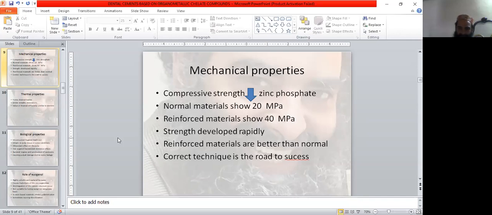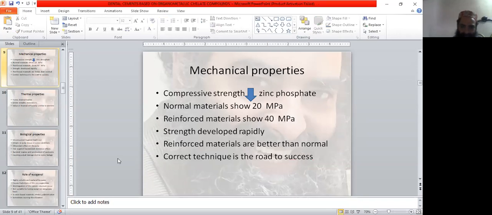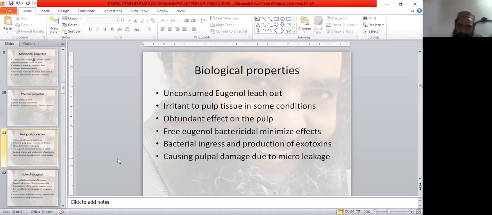Reinforced materials are better than normal, and correct technique is the road to success. Now thermal properties, as it is an insulator, it forms a thermal barrier and can be used under metallic restorations. Value of thermal diffusivity is similar to dentine.